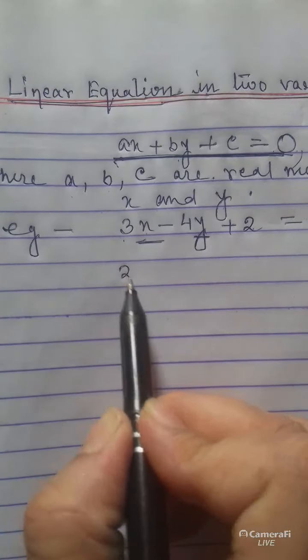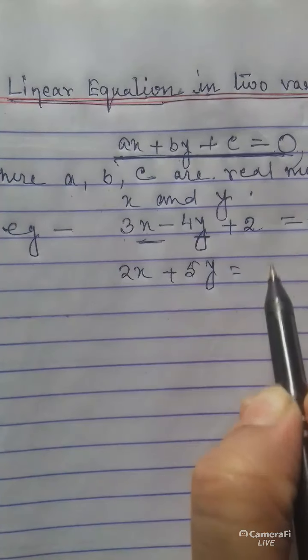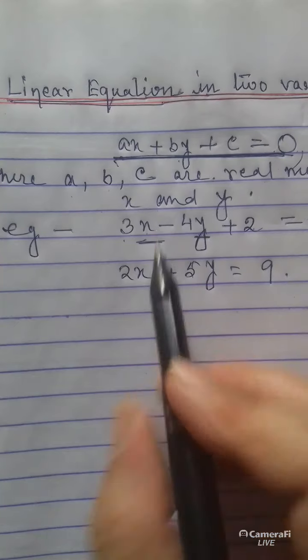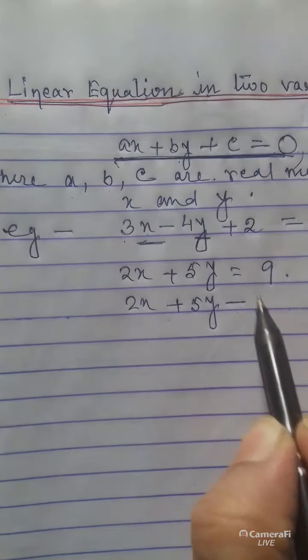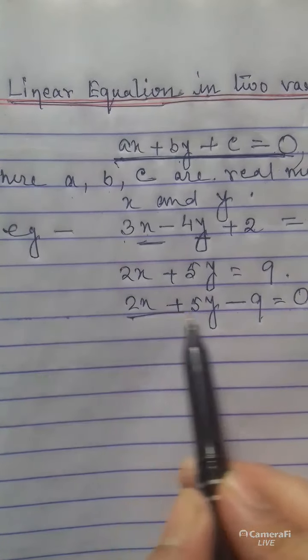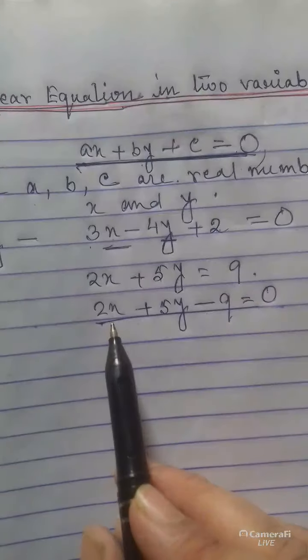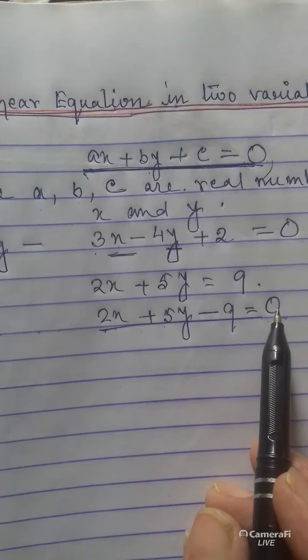This is also a linear equation: 2x plus 5y equal to 9. We can change it: 2x plus 5y minus 9 equal to 0. This is also a linear equation in the form of ax plus by plus c equal to 0.